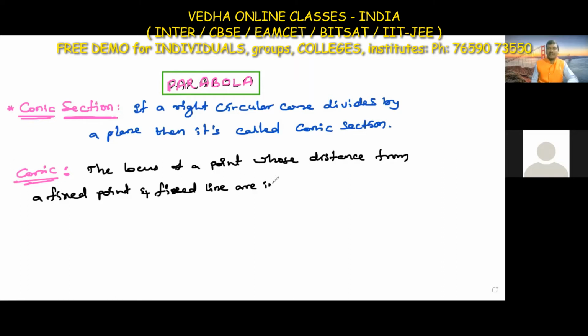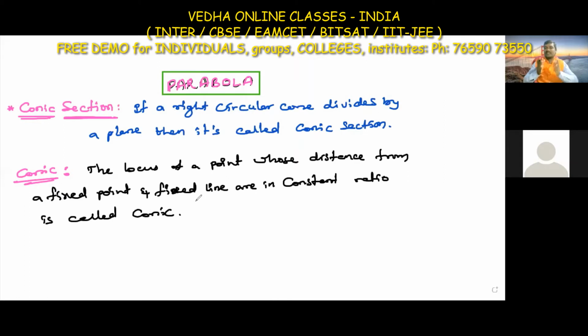That is called a conic. This ratio is called eccentricity.